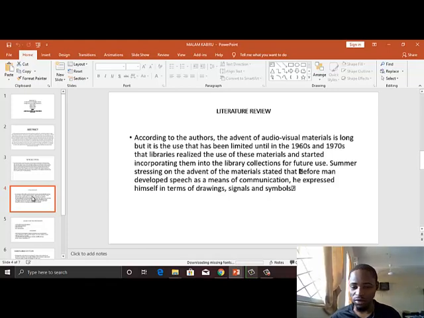Libraries realized the use of this material and started incorporating it into the library collection for future use. Some, stressing the advent of the material, stated that before man developed speech as a means of communication, he expressed himself in terms of drawings, signals and symbols.